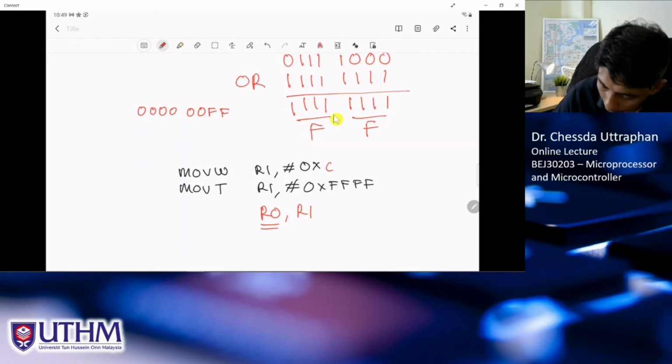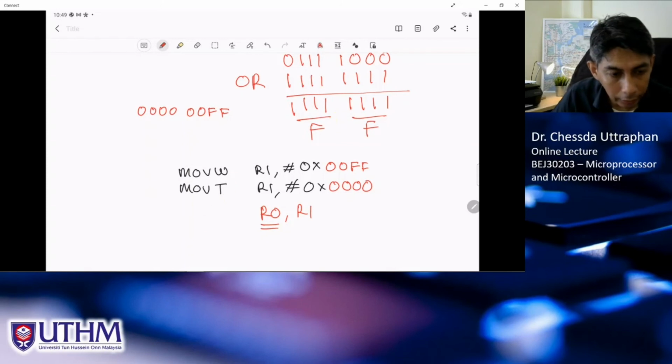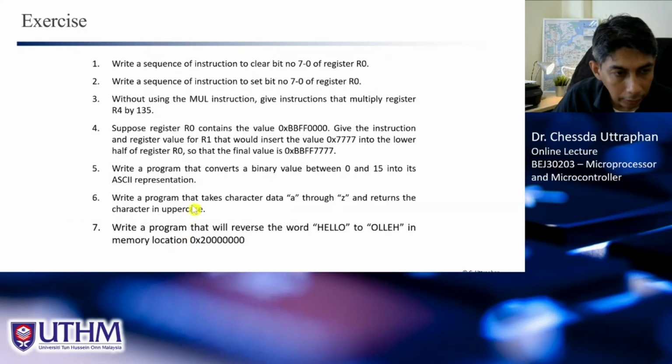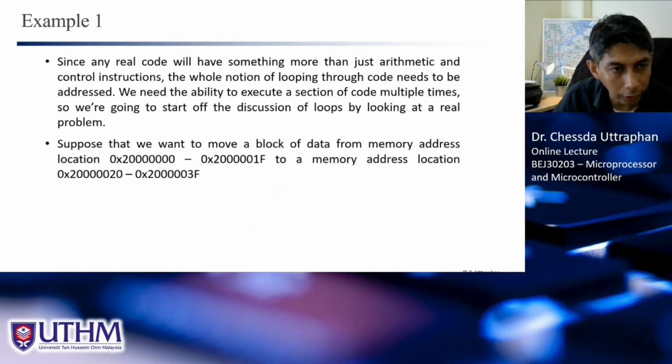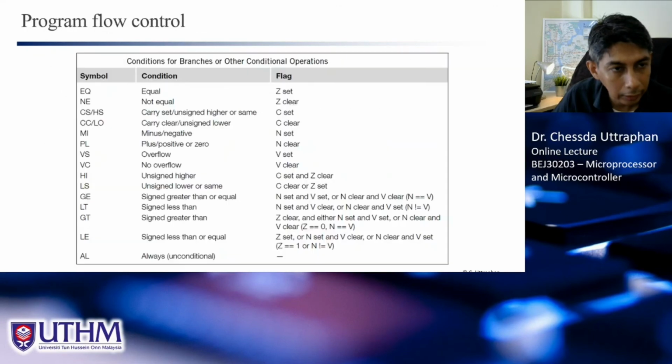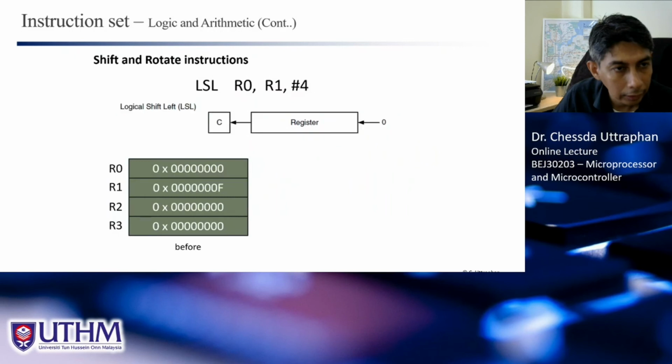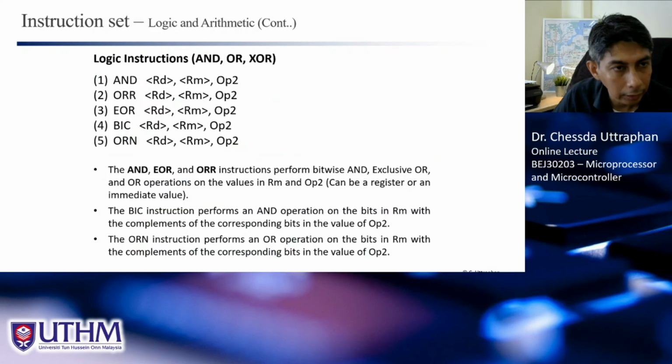So you can have 0 0 FF, and here is 0 0 0 0, and you OR in the instruction. The instruction for OR is ORR. OR is XOR, OR, odd.